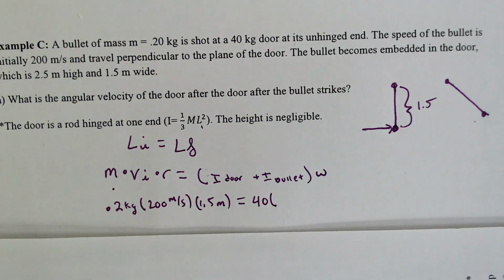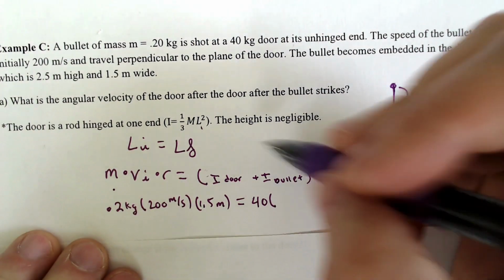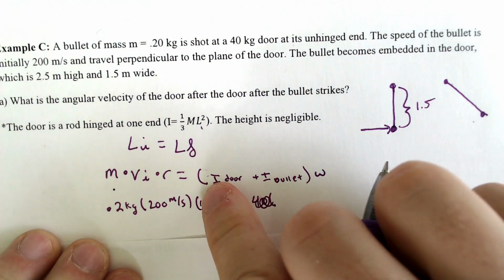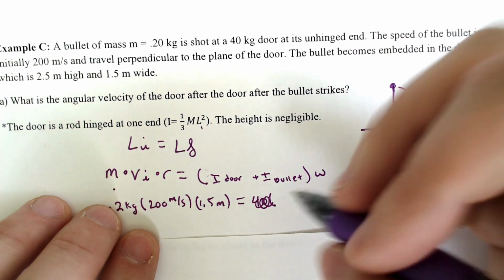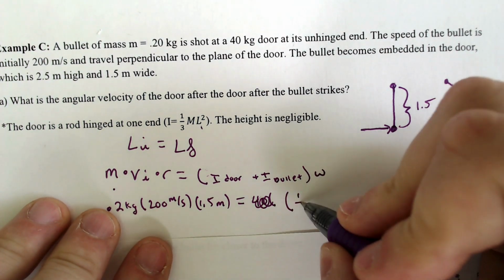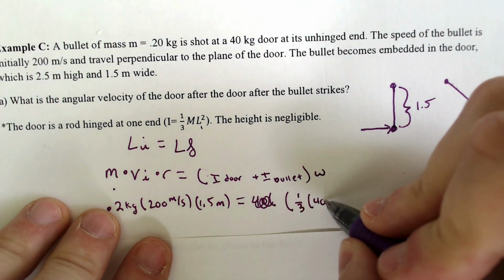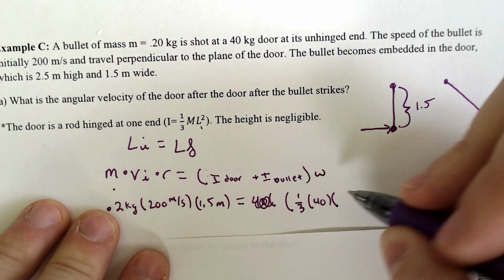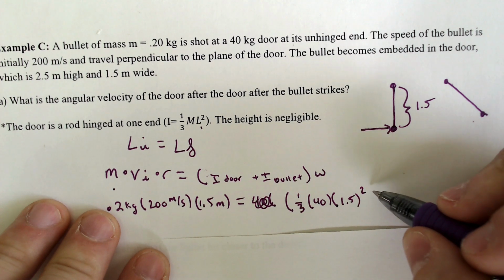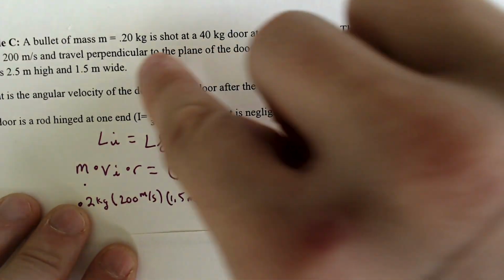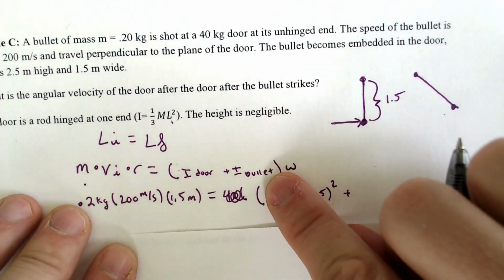Times the I of the door. Well, the I of the door would be 1/3 mass L squared. So that would be 1/3 its mass, 40, times the L, which is 1.5 squared, plus the I of the bullet.